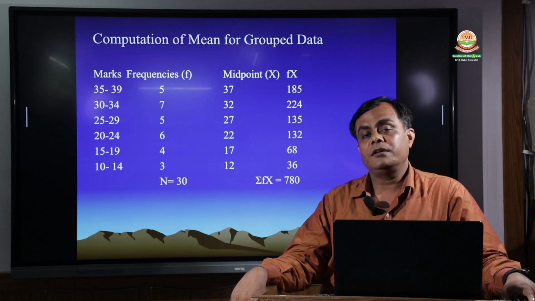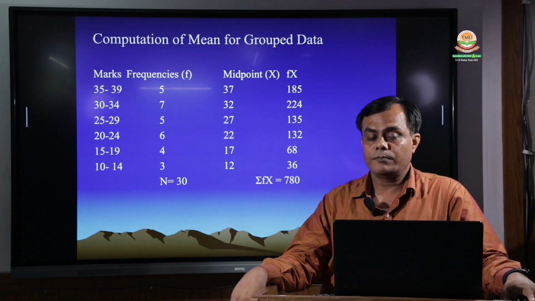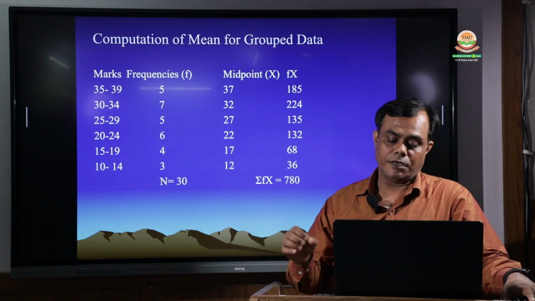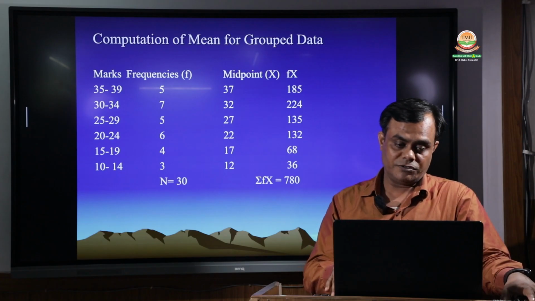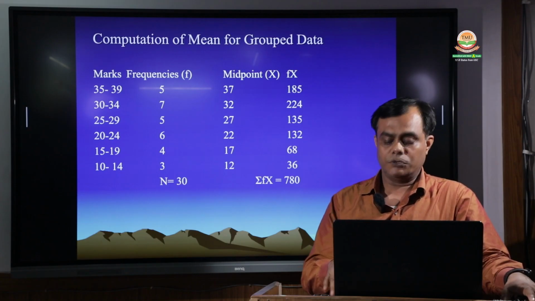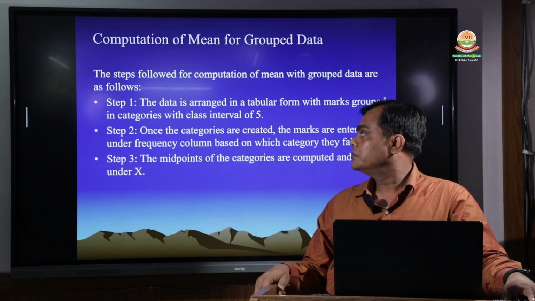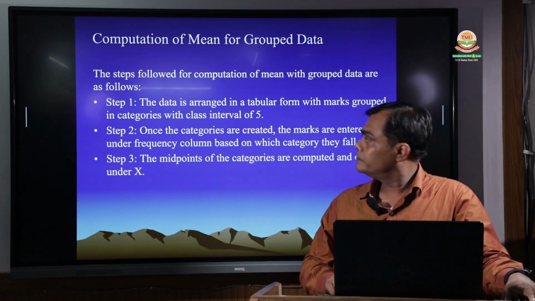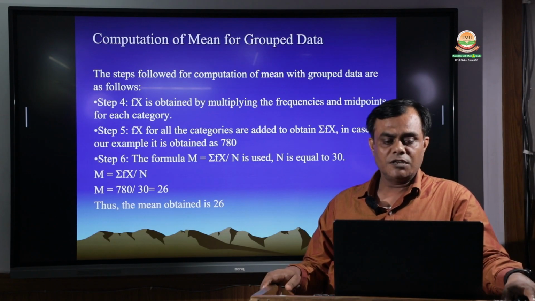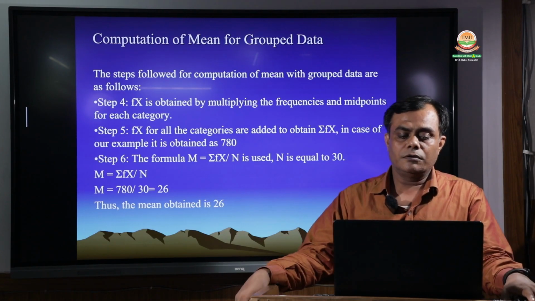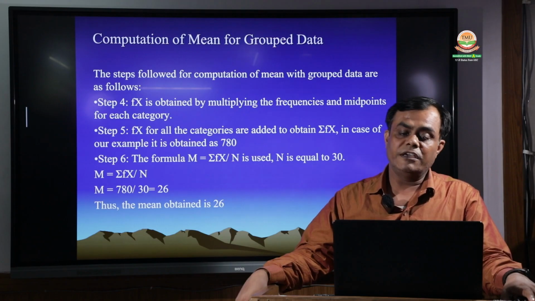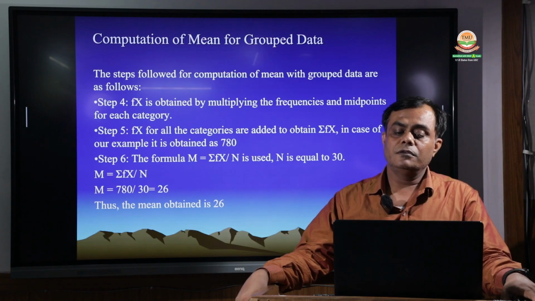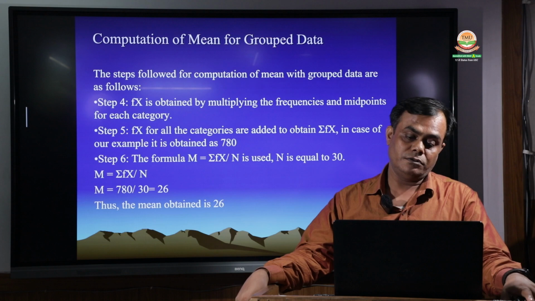So multiply X into F, and divide by N, the total number of frequencies. Step 4: fx is obtained by multiplying the frequency and the midpoint of each category.